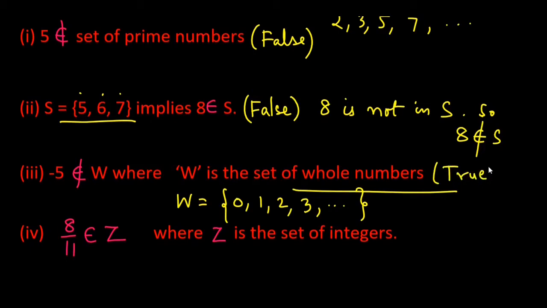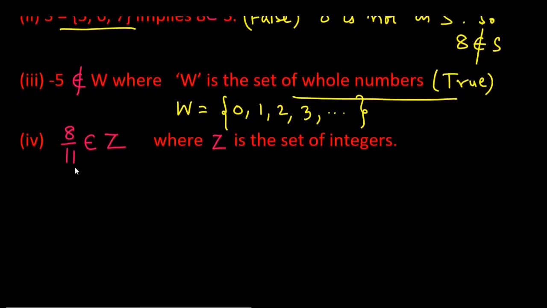So this is true. Next, fourth one, 8 by 11 belongs to Z, where Z is the set of integers.